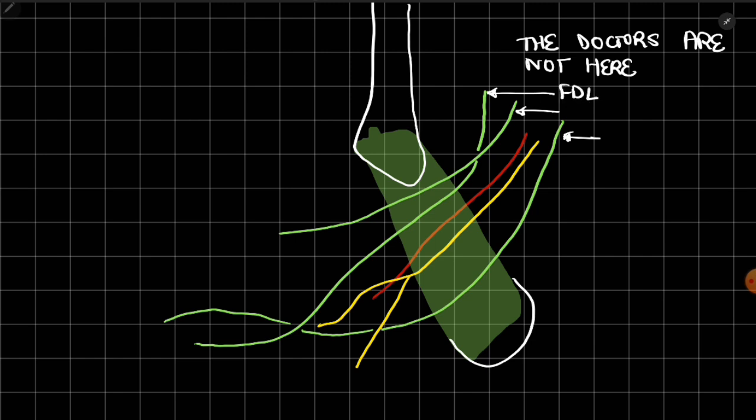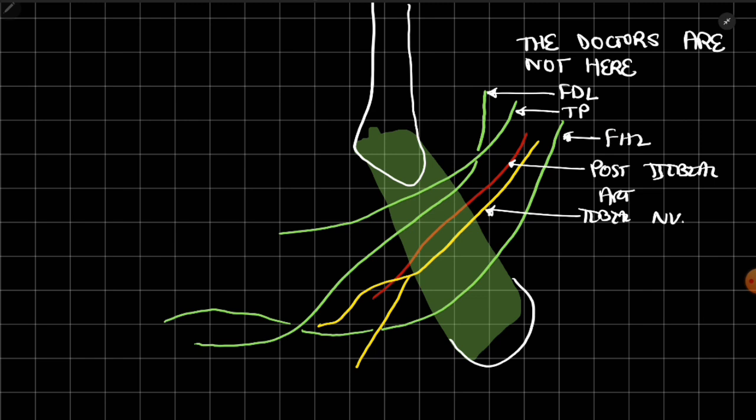The tendon which is acquiring the first position, the tibialis posterior. So tibialis posterior is the first, flexor digitorum longus. Then the artery is the posterior tibial artery, the tibial nerve, and the flexor hallucis longus tendon.